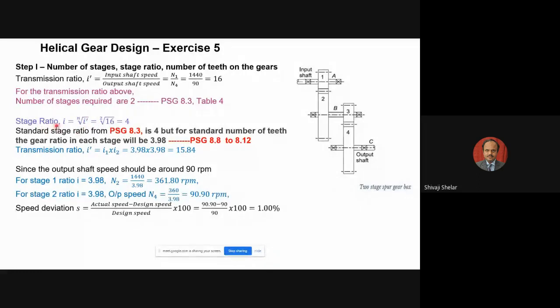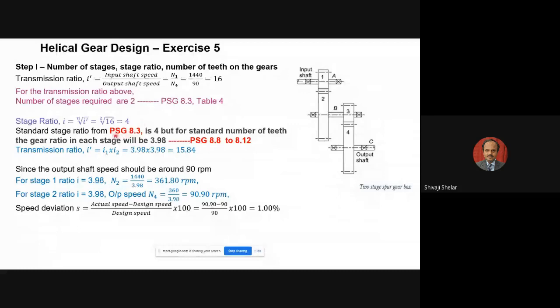From geometric progression, i, that is the stage ratio, assuming equal stage reduction in each stage, is the nth root of i'. Here it is two stage, so it will be the square root. If it is three stage, then it will be the cube root. So we have transmission ratio as 16. The square root will come as 4. So we require a stage ratio of the order of 4.